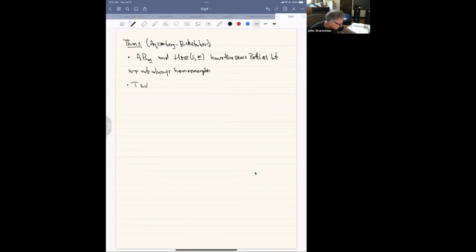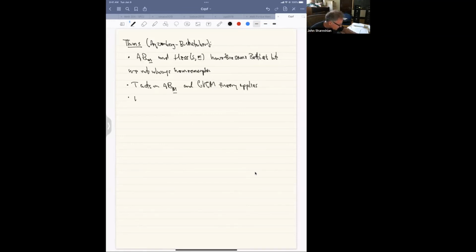T acts on this Buchstaber manifold, and GKM theory applies. Right? So the same story I told you a couple of weeks ago can be told here.